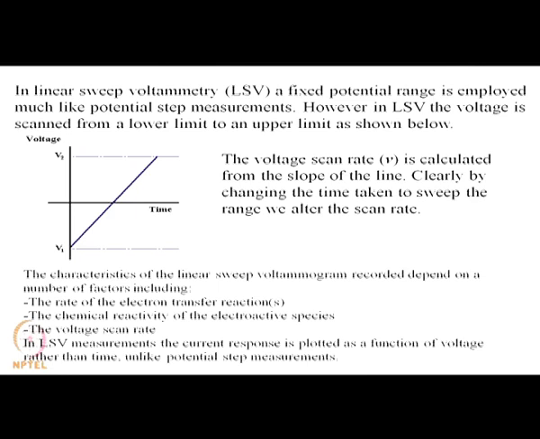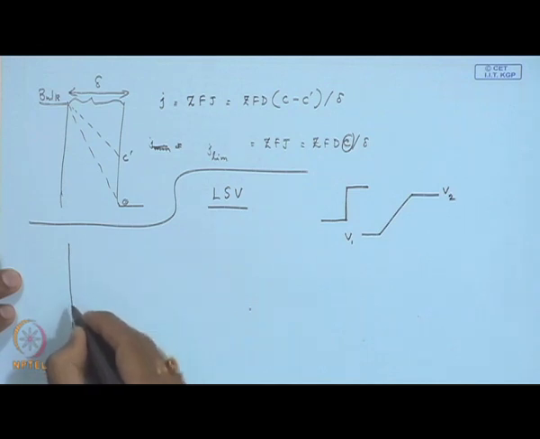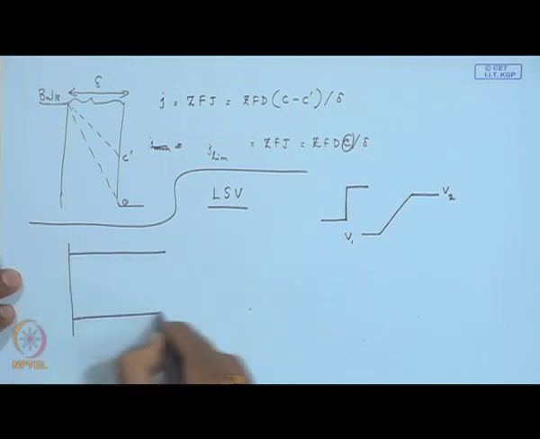Now the typical plot is like this. Here is the linear sweep voltammogram, this is your potential versus time, and you change the scan rate. So this is as a result of the change of scan rate. Let us draw one thing: you have V1 and V2.